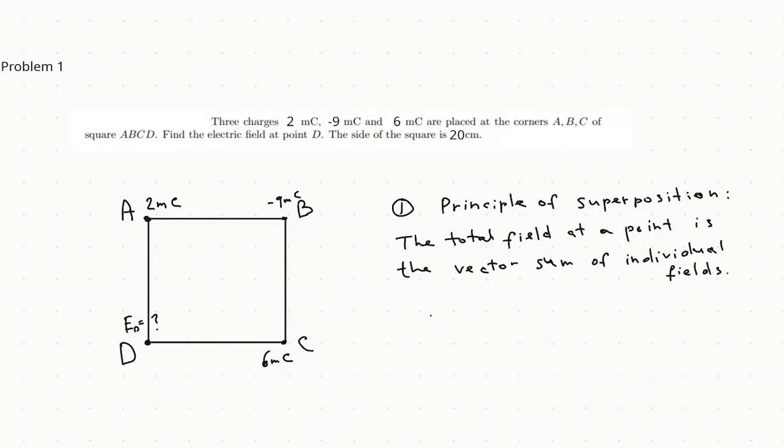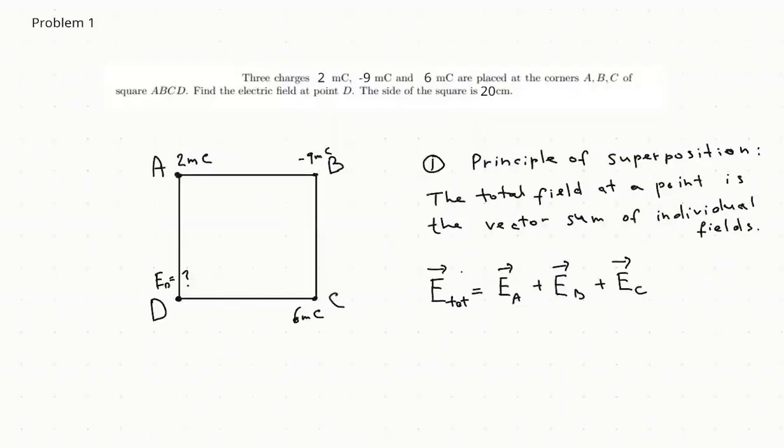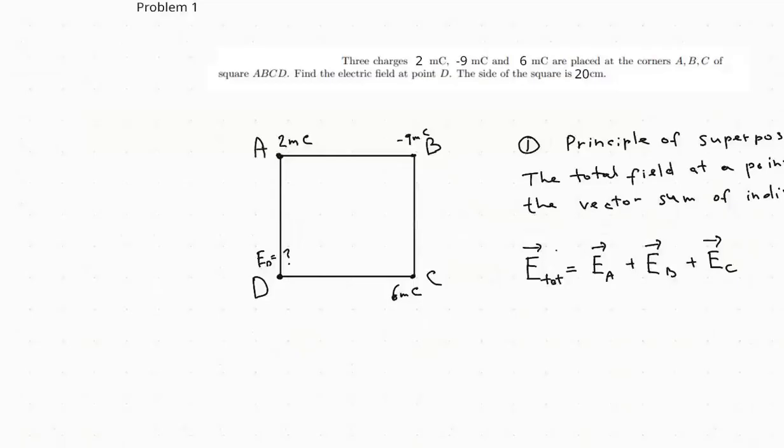That means that the total field at point D is the sum of the field from charge A plus the field produced by charge B and plus the field produced by charge C. So we just need to find these fields. So we know that this is 20 centimeters.